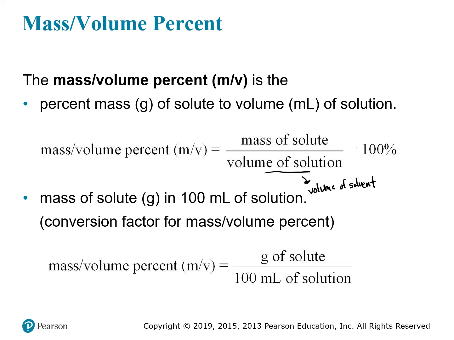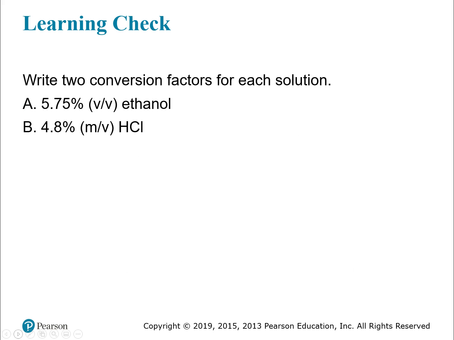We're assuming that the mass of the solute that we're adding is so small it's not going to change the volume. So that's a key difference between volume percent and mass percent. But we're going to do some problems in a second. I want to first address the conversion factors.